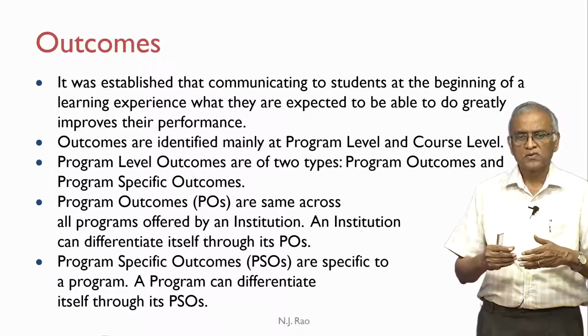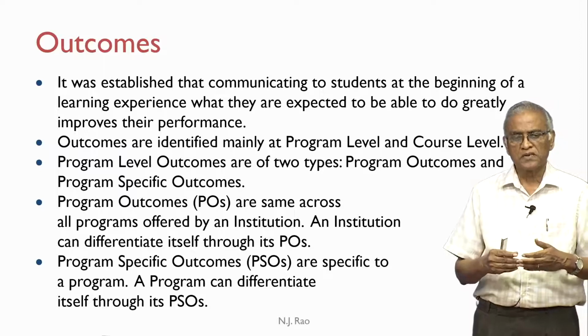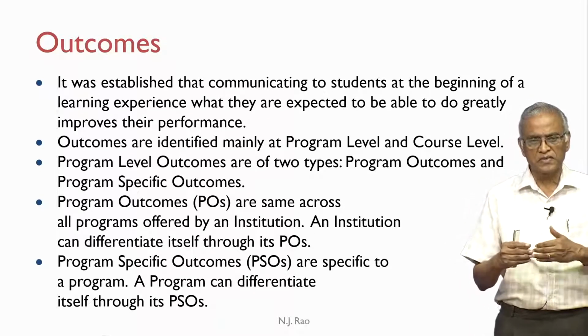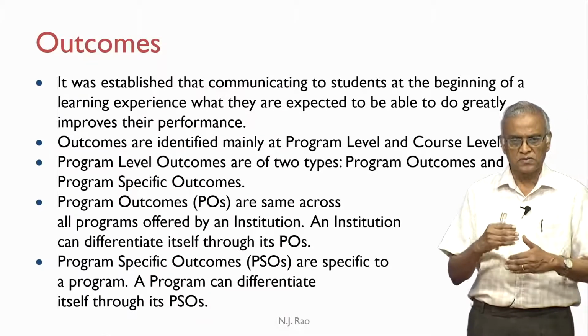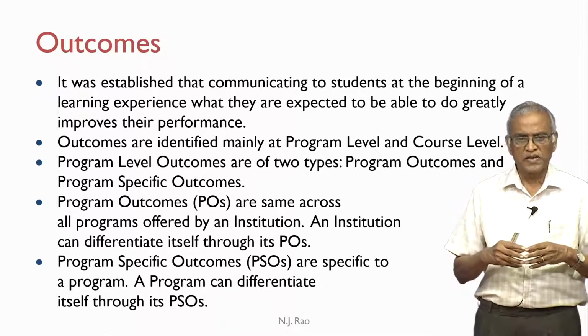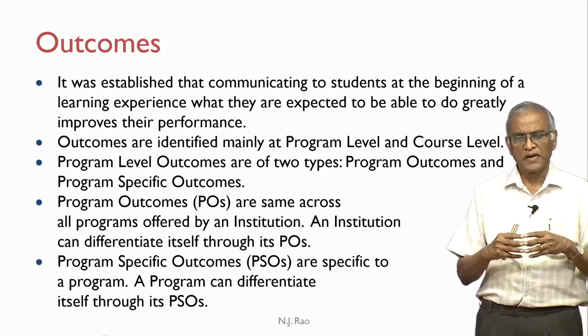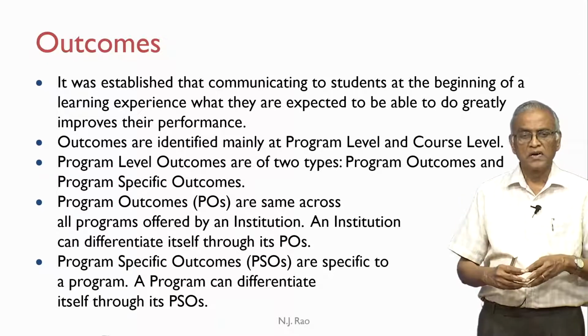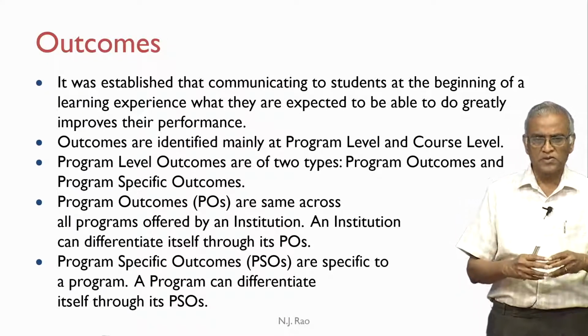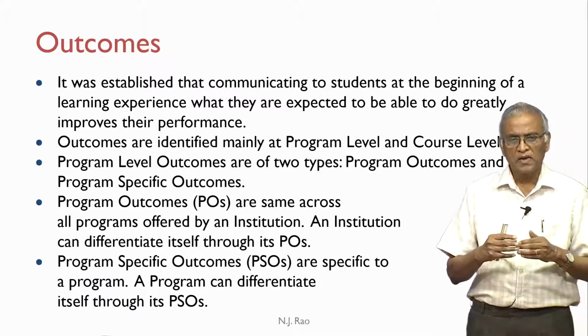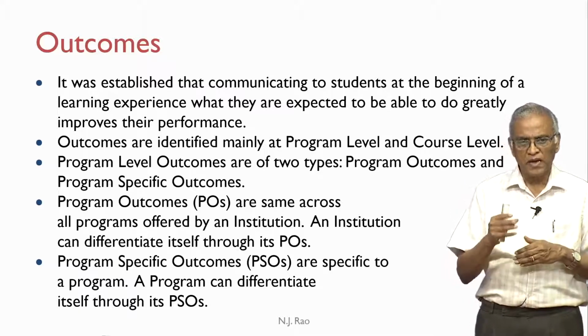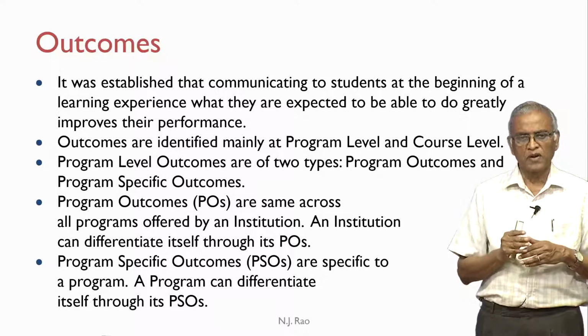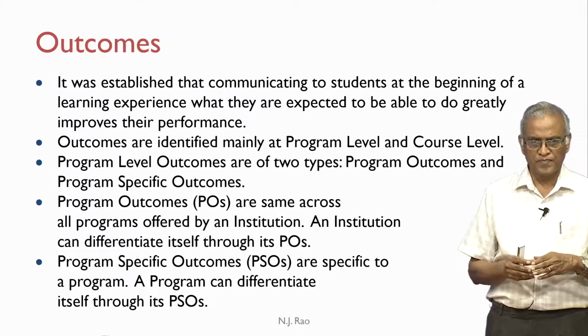And through these program outcomes, the institution can also differentiate itself from other institutions. If there are some specific characteristics that you have depending on its location, depending on the type of programs that you are running, you can differentiate yourself by wording your program outcomes appropriately.